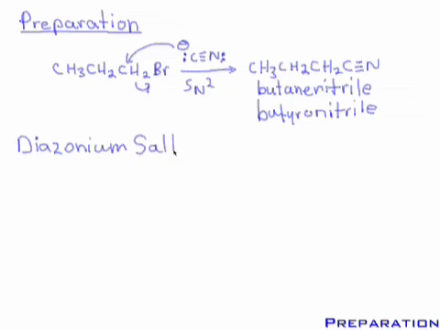Diazonium salts can be prepared and converted to benzene-based nitriles. Diazonium salts, remember, are prepared from aniline. Aniline is an aromatic ring with an NH2 off of it. We'll be looking at this a little more closely when we get to amine chemistry.